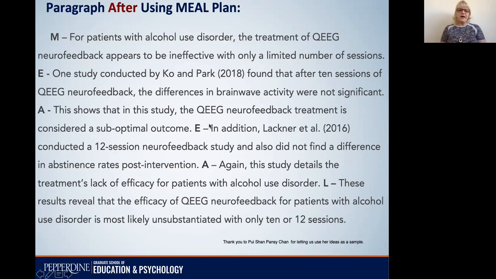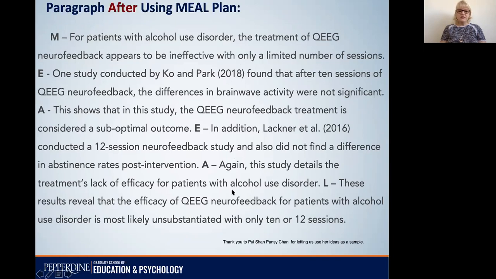Here's an example after. For patients with alcohol use disorder, the treatment of EEG neurofeedback appears to be ineffective with only a limited number of sessions. And then we go on and find the same evidence, then analysis. This shows that in this study, the EEG neurofeedback treatment is considered a suboptimal outcome. Then we go on to the Lackner evidence.